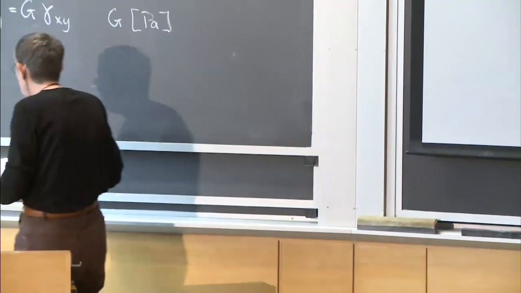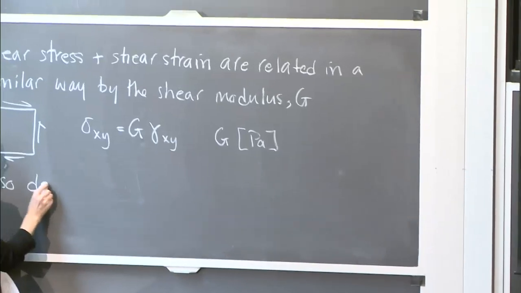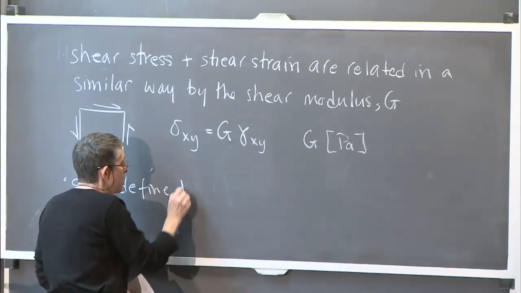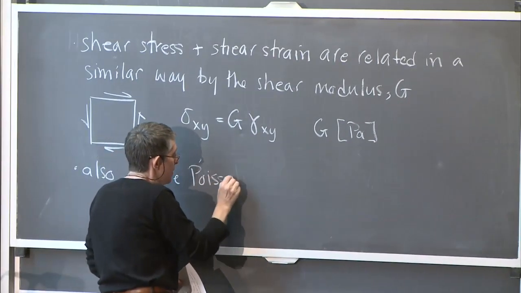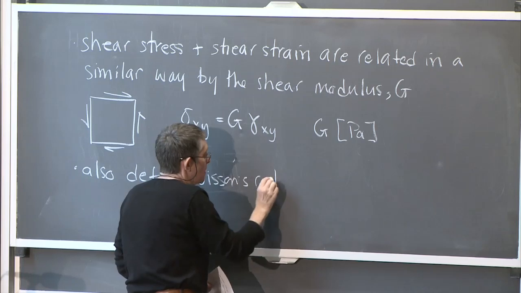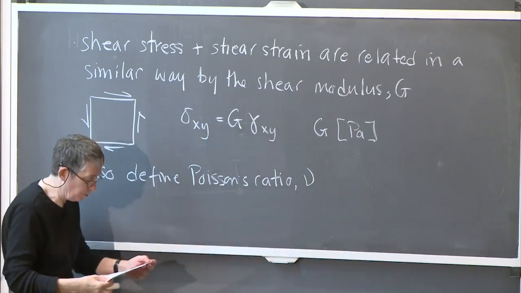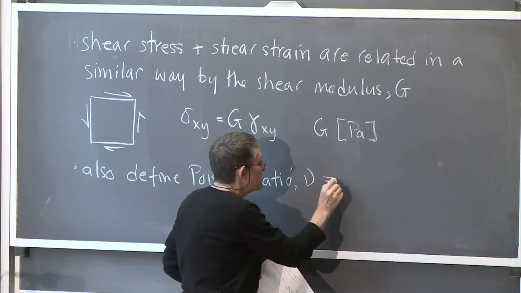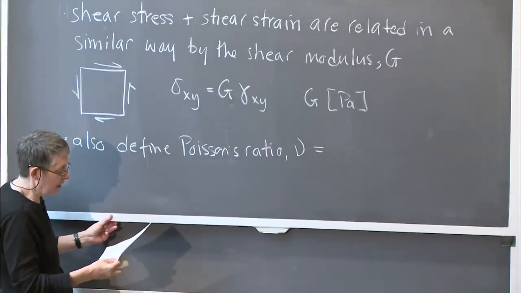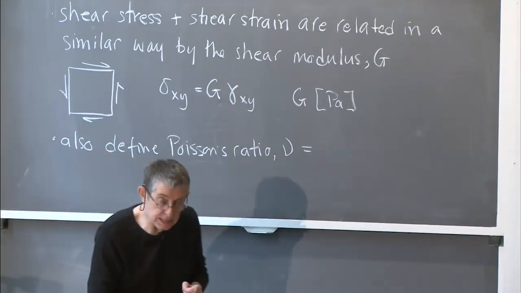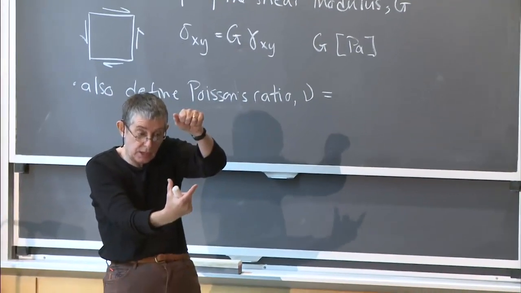So we also want to define Poisson's ratio. And it's given the symbol nu, the Greek letter nu. And it's a negative ratio of the strain. And the reason it's a negative is because when I'm pulling on the thing, it contracts this way.